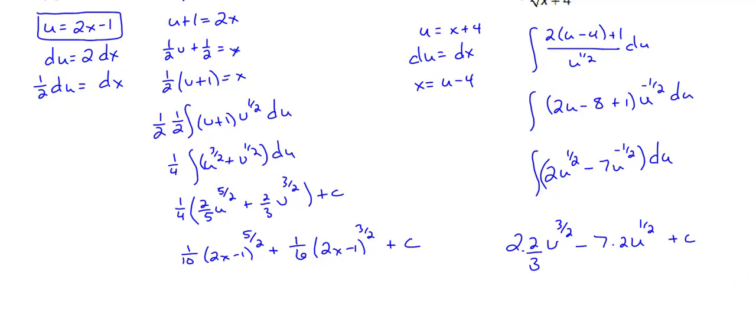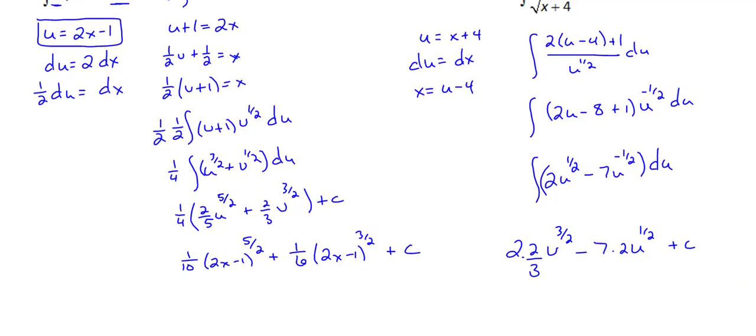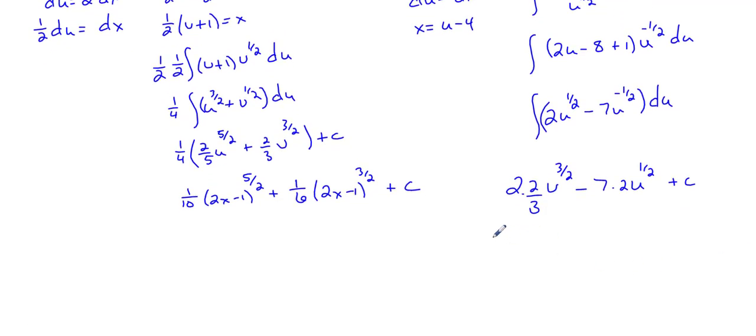Take care of your coefficient, substitute back in for u, x plus 4. Okay, that'd be 4/3 times x plus 4 to the 3/2 minus 14 times x plus 4 to the 1/2 plus c.